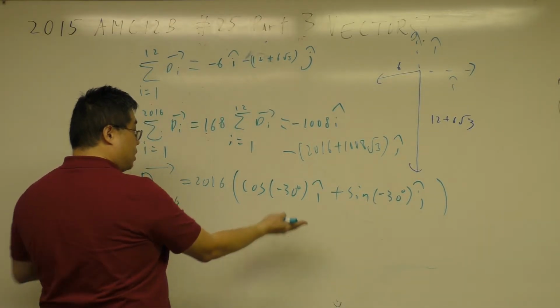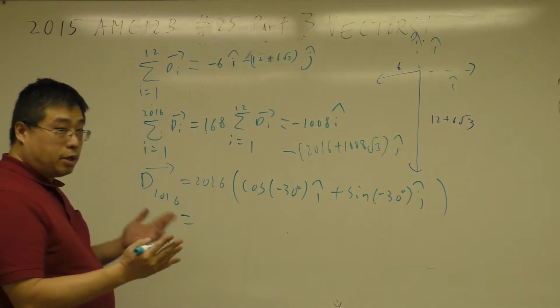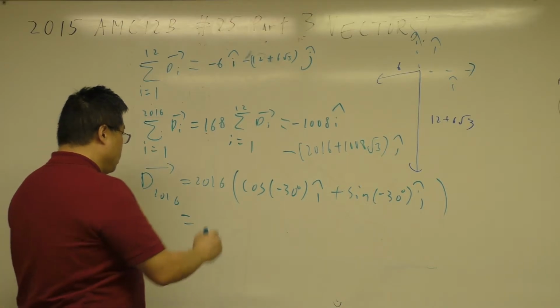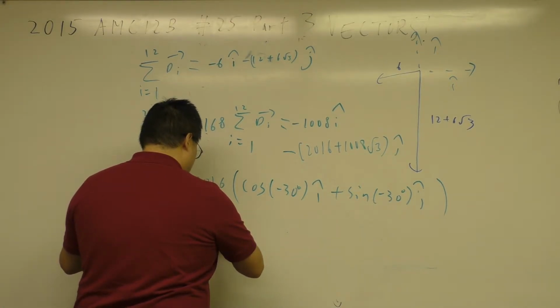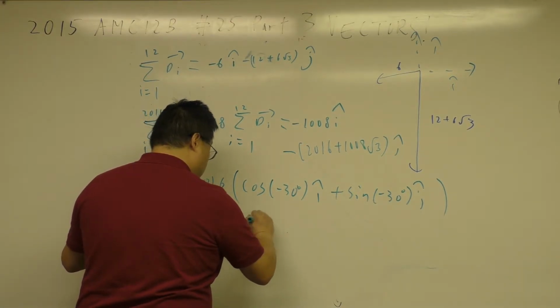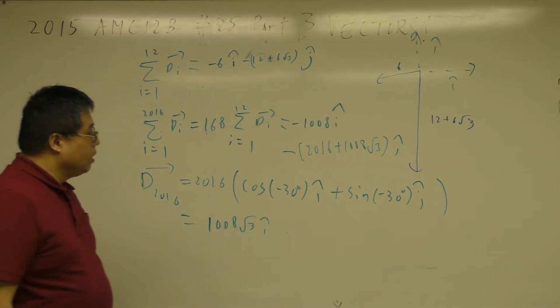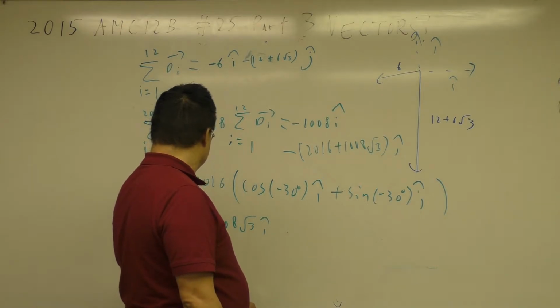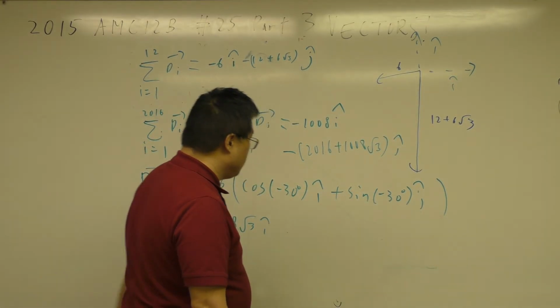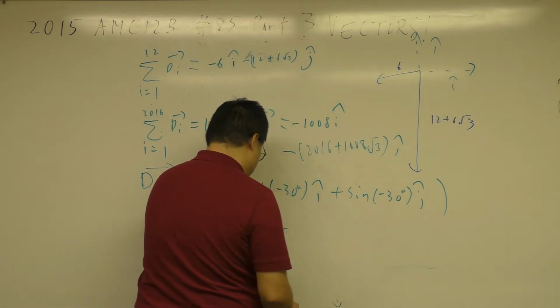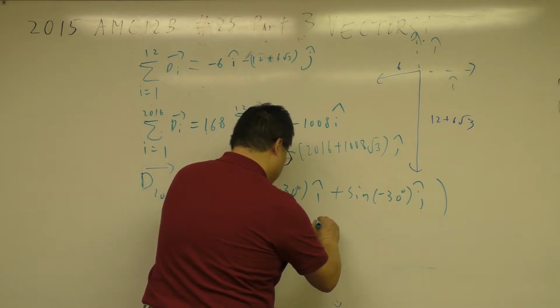Let's work it out. Cosine 30 degrees is plus square root 3 over 2. So this is equal to 1008 square root 3 i, a positive quantity. And then this one is negative 1008 j.